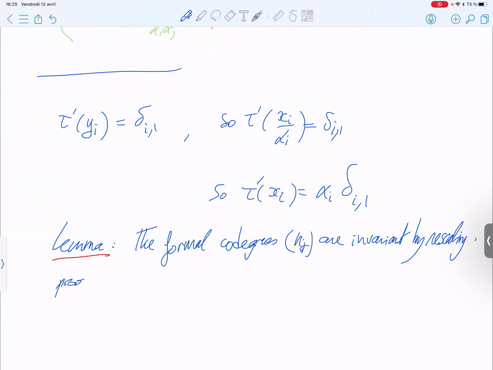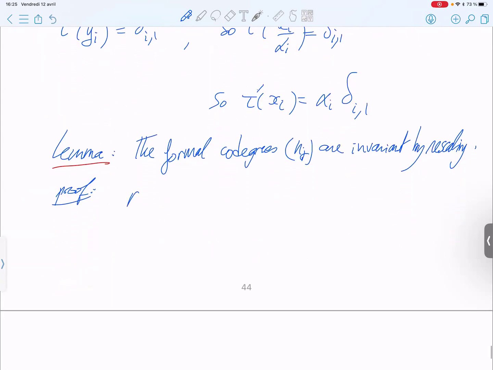Proof. In fact, recall how we define the formal codegree. Recall that Nj is, by definition, tau of Fj inverse.